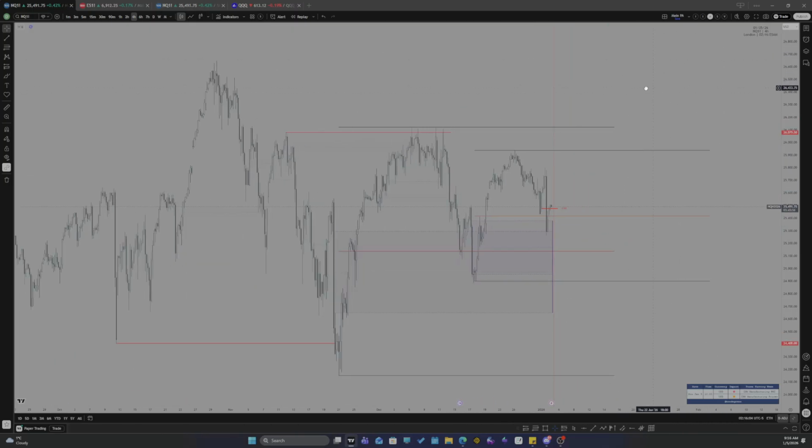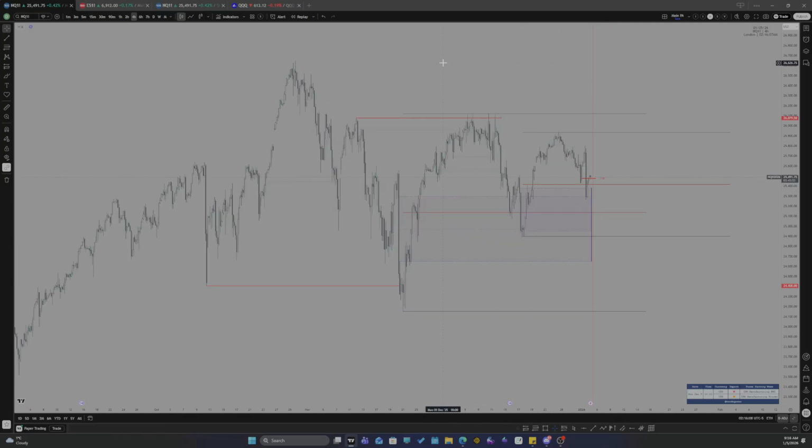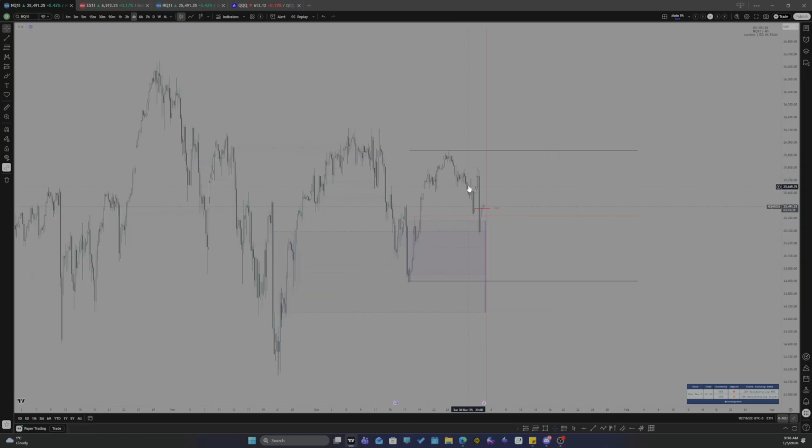And what can we expect now from the price? Nothing much. So if we look at this bouncing around, we can observe that in this last impulse, price came into equilibrium, into this balance price range, this order block.